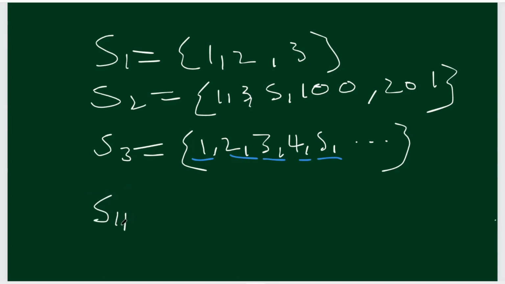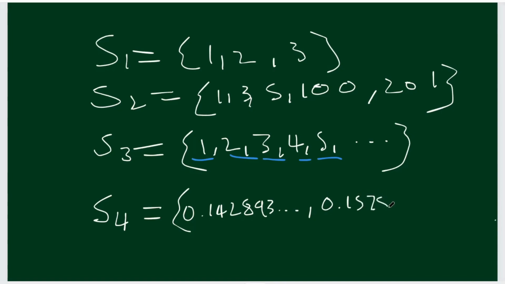So set 4 is equal to, say, all the irrational numbers. Well, then, for example, 0.142893 and it goes on, and then 0.157830 2 and it goes on, and 1.2, how about 314, how about this, 7028, and it just goes on, right?